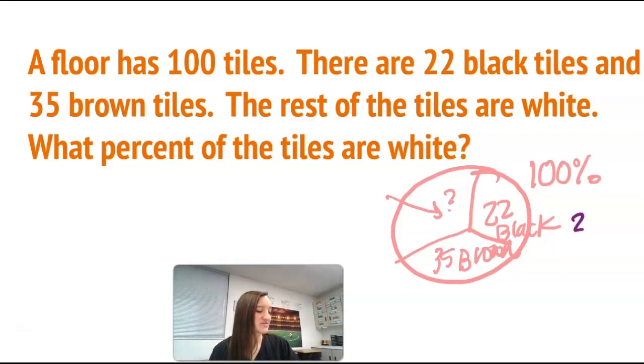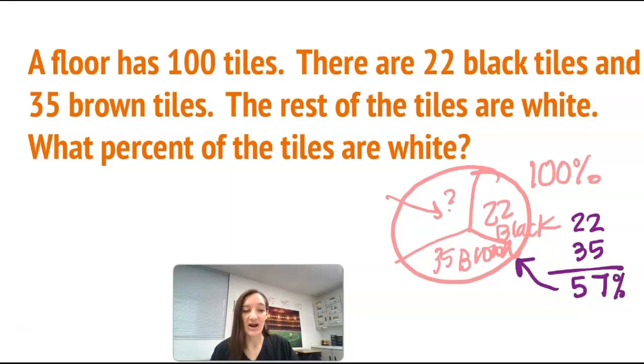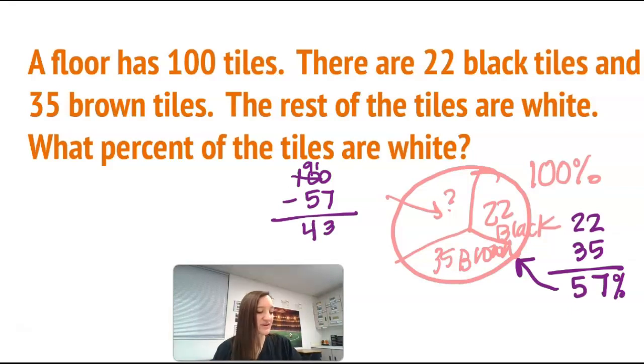So if I take the 22 and the 35 and add them up, that gives me 57. So 57% of them are black or brown. To find the white, I'm going to then subtract that from 100, and I am going to get 43. So 43% are white.